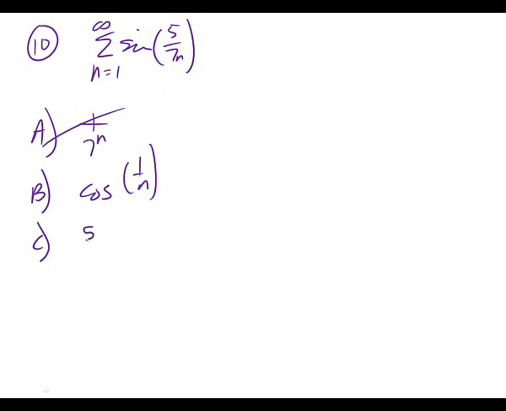This one says 5 over 7 to the n power. Is that what this says in here? No, so I'd get rid of that one probably. And then D says compare to 1 over n squared. And E says compare to 1 over n. None of them are remotely close, are they?